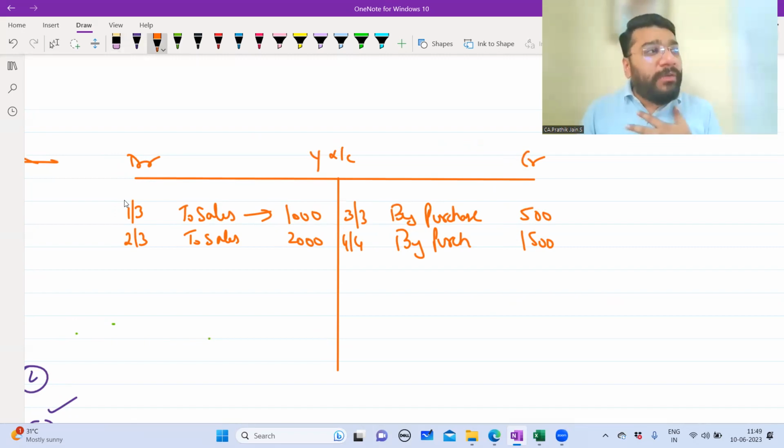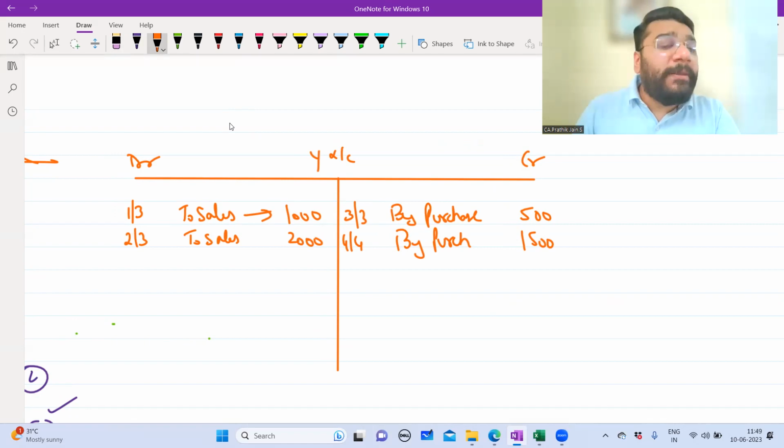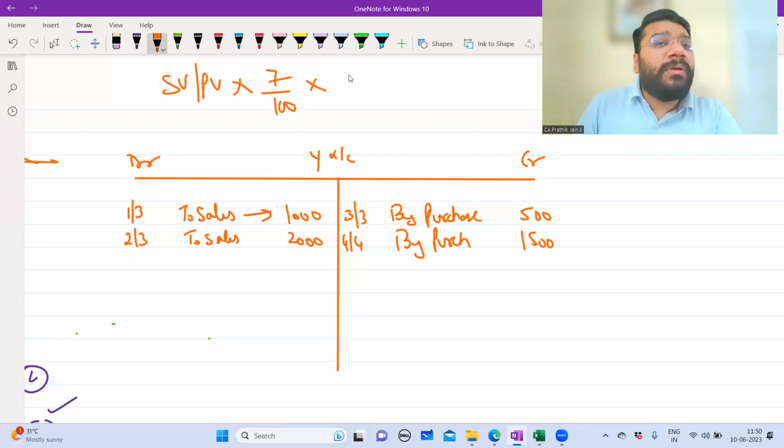What information am I looking for? For me to calculate interest, what do I need? The interest calculation formula is principal value, which is sale value or purchase value, into interest percentage, let's suppose 7 by 100, into number of days by 365.